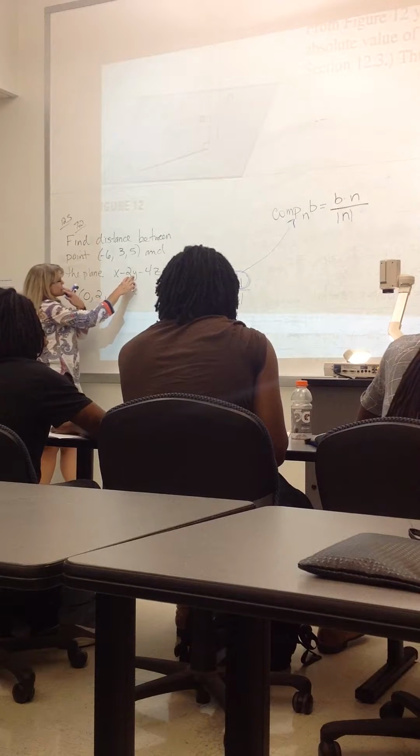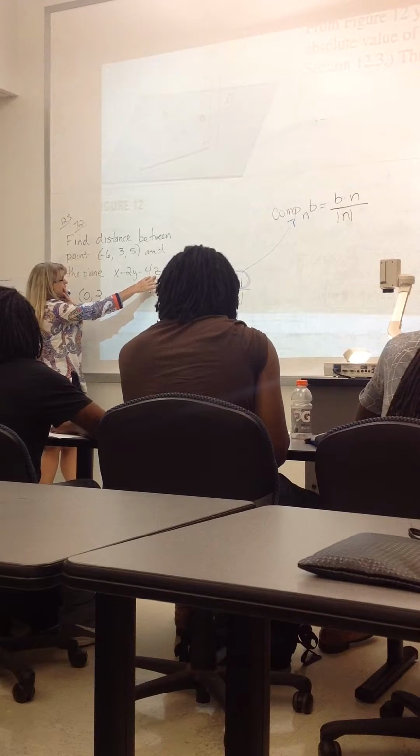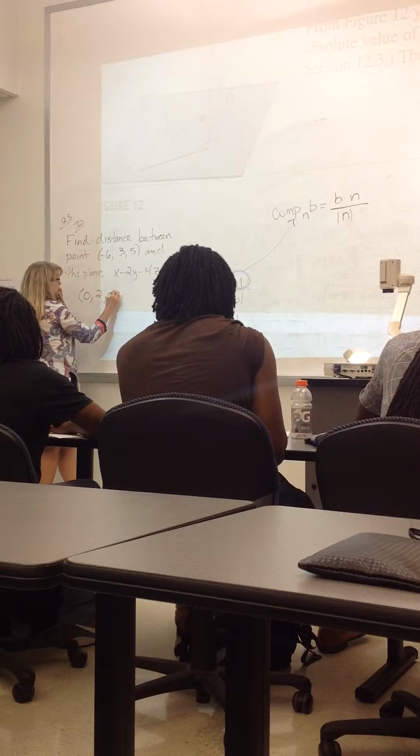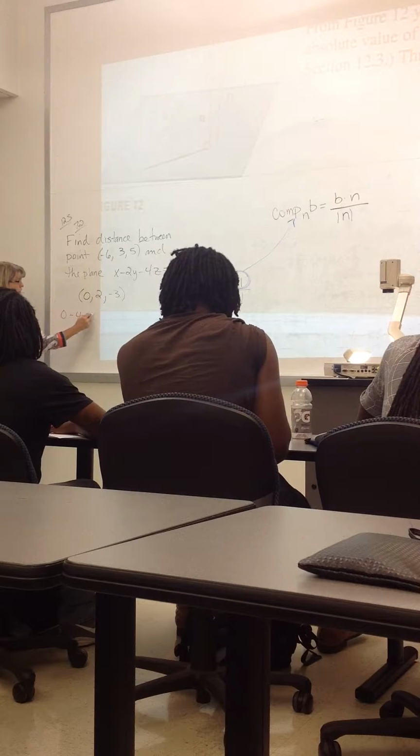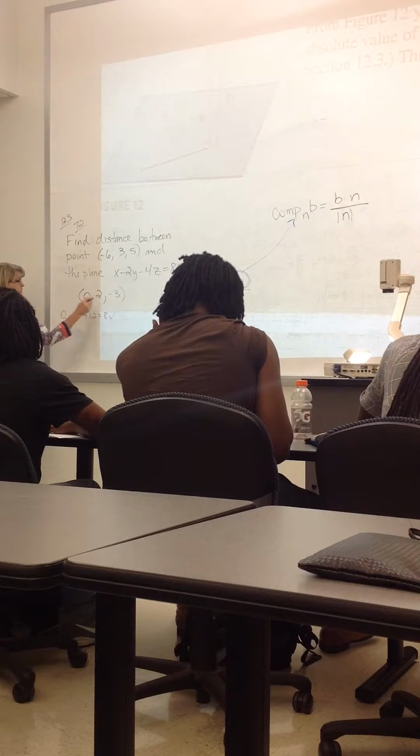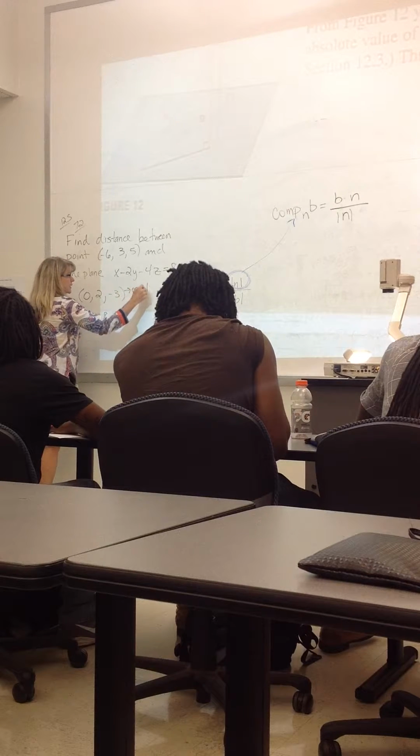To get +8, I would need this to be 12, right? So if z was -3, that should give me a point on the plane. 0 minus 4 plus 12 equals 8, check. So this is a point on the plane.